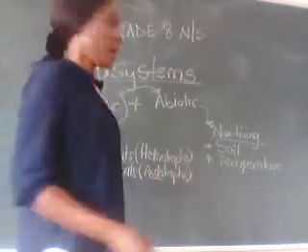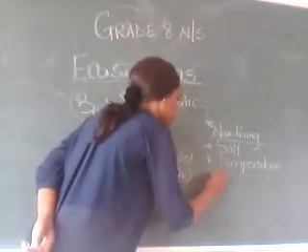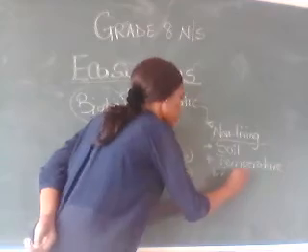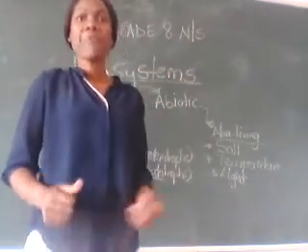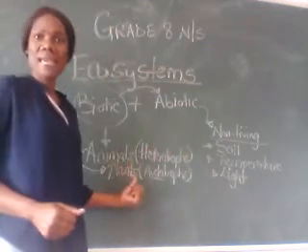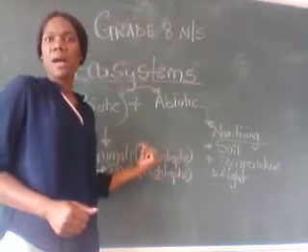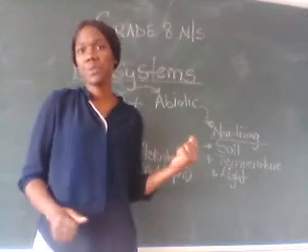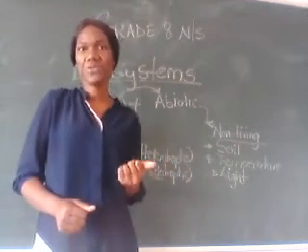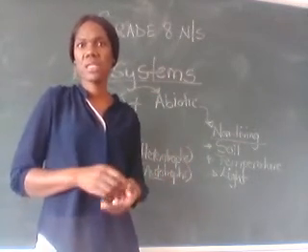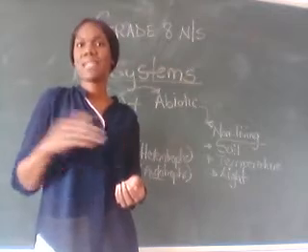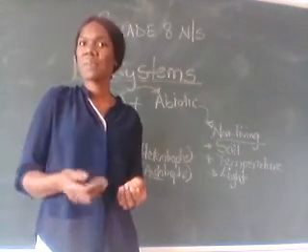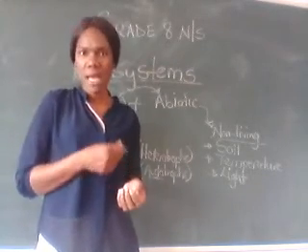Then the next one is light. Light is very important for both plants and animals. For photosynthesis, you still remember the word equation or the chemical equation for photosynthesis, which includes sunlight. So plants cannot make their own food without sunlight.